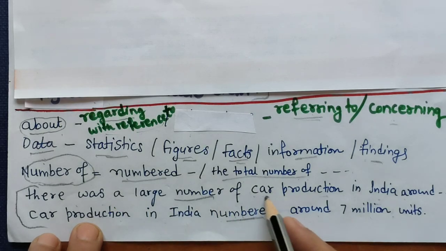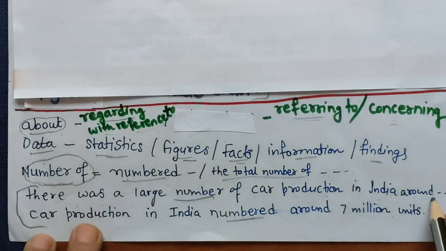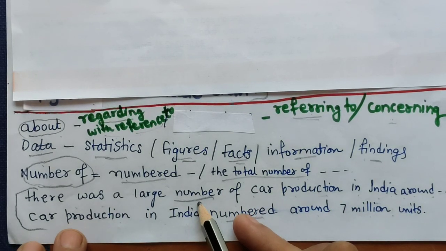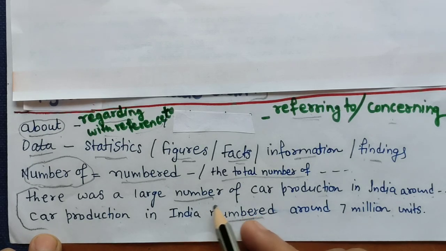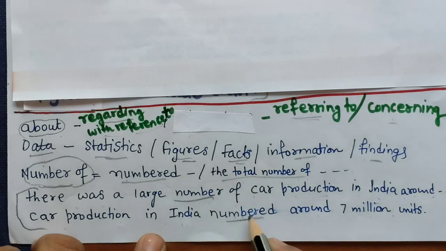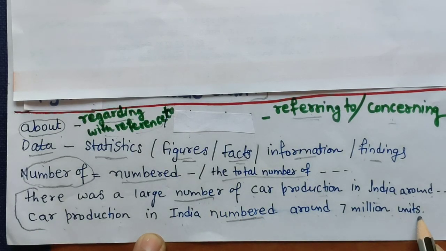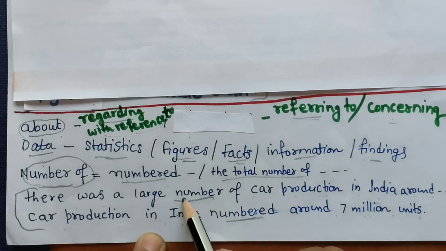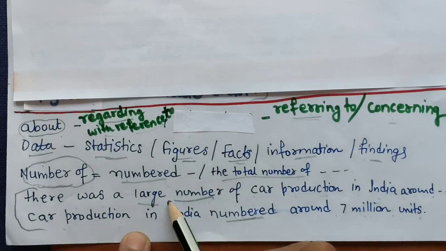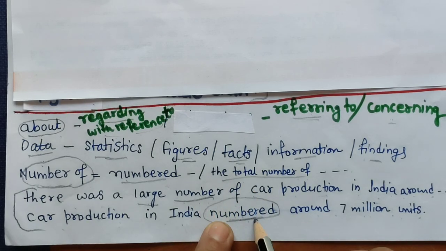There was a large number of car production in India around this. Like I'm just giving you the example how you can use the number word. Car production in India numbered around 7 million units. So we have changed the style of using this number of by adding large number of, highest number of, and here we have just made it a verb.